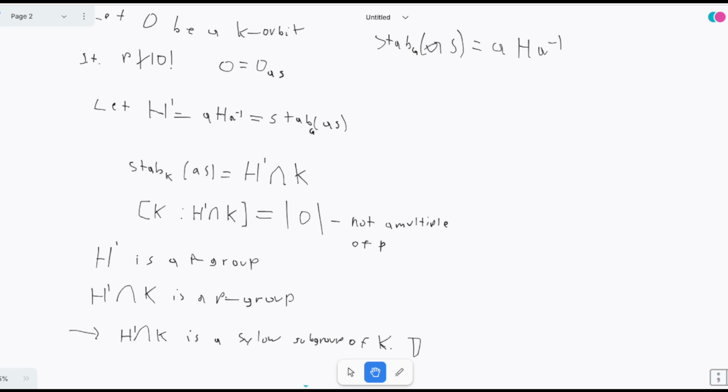Okay, in that case, I really will move on to the third Sylow theorem now.